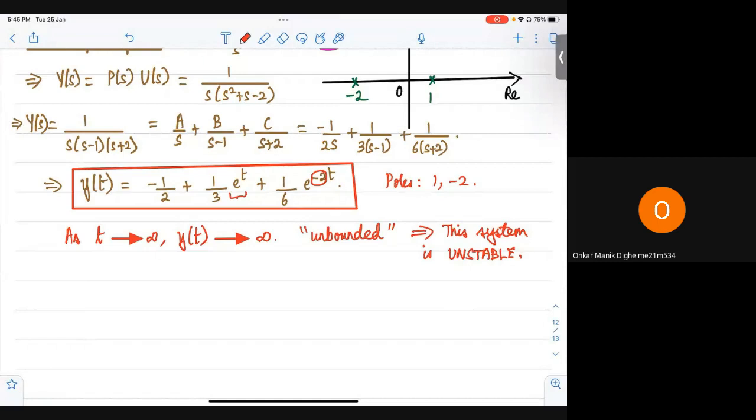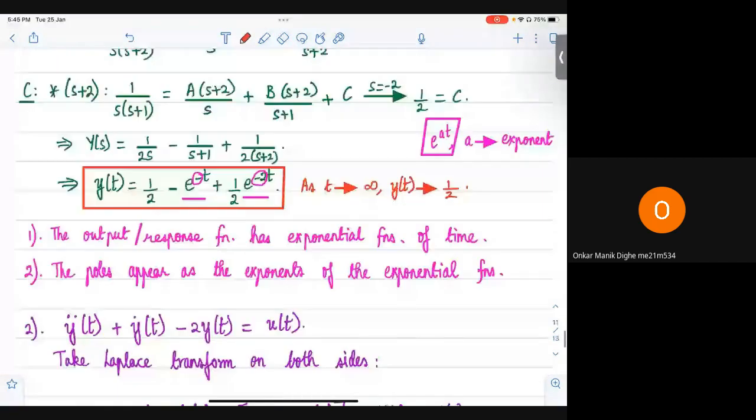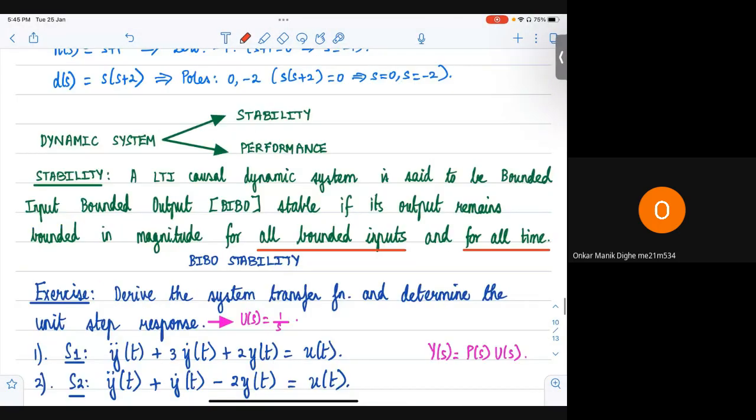Okay, so although we essentially calculated only its step response, one can show that it's a stable system. See, to prove something is incorrect is always easy, right? We need only one counterexample to show that the system is unstable. So if you look at the definition of BIBO stability, what was the definition of BIBO stability from the previous class? A system is said to be BIBO stable if its output remains bounded in magnitude for all bounded inputs and for all time, right? So please note the phrases that I underlined in red color.